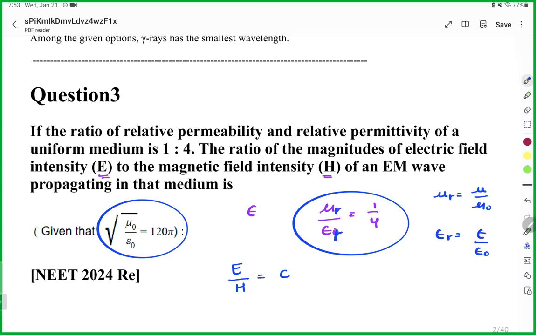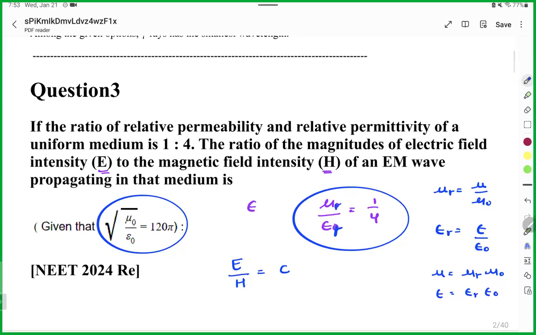For a given medium, your mu value will be equal to mu r and mu naught, and your epsilon value will be epsilon r and epsilon naught. Any doubt? Correct? Epsilon r and epsilon naught. So then you can calculate their ratio.